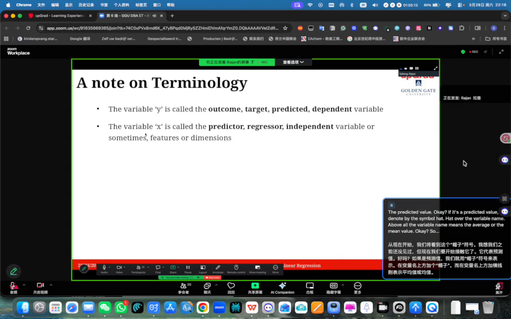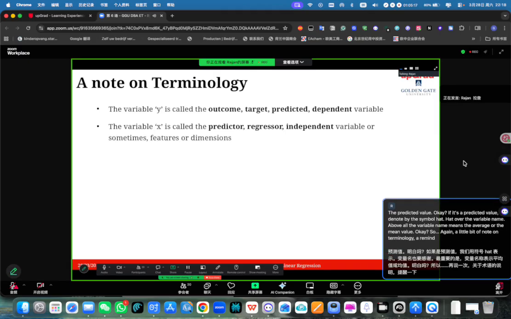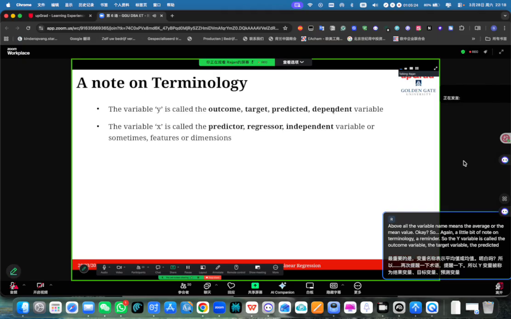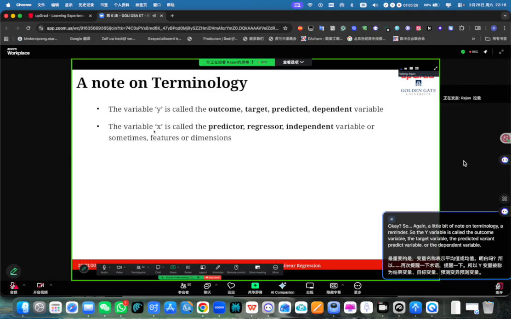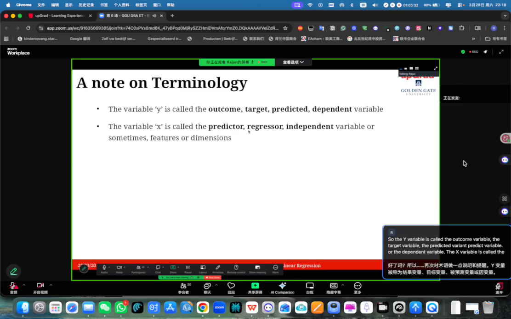Again, a reminder on terminology. The Y variable is called the outcome variable, the target variable, the predicted variable, or the dependent variable. The X variable is called the predictor variable, regressor variable, or the independent variable.